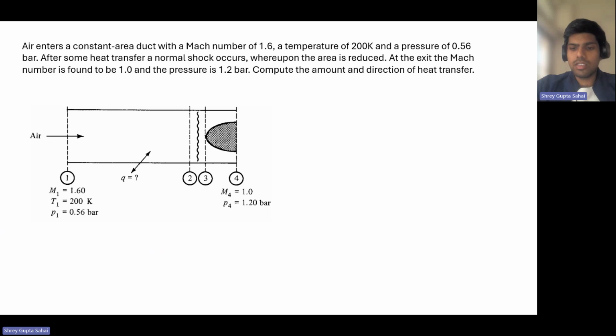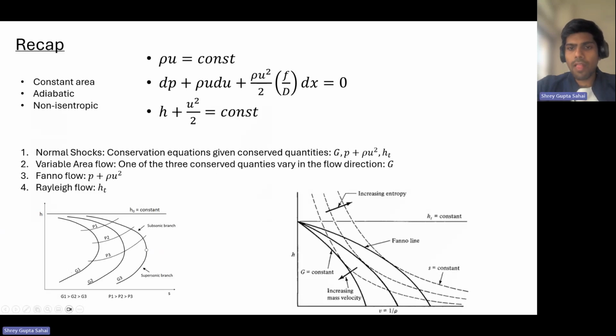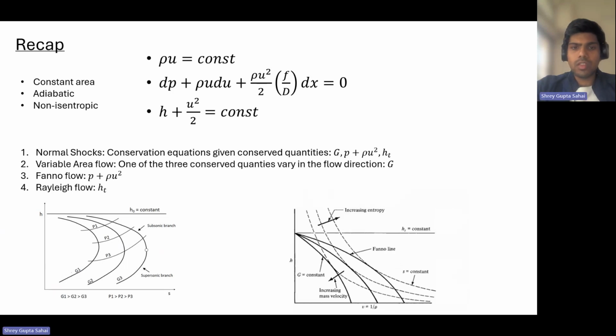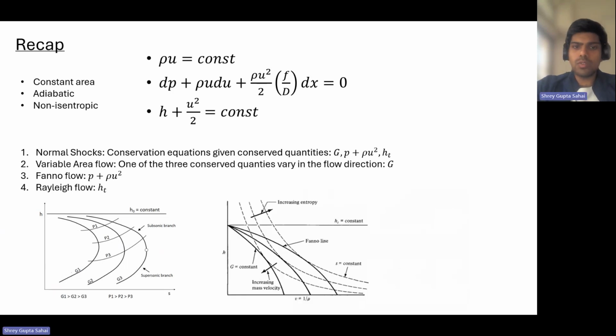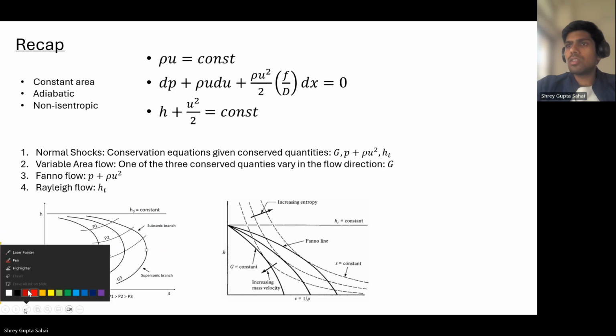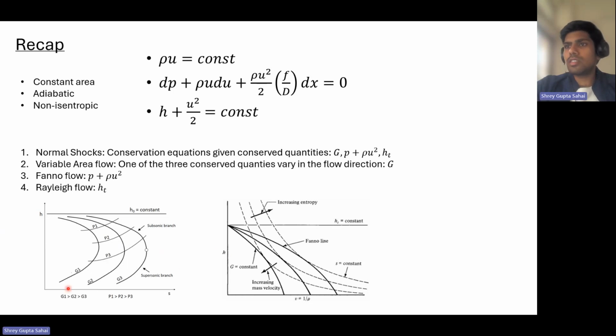Then we had discussed how this translates to this. We kind of saw that. We also generated a Fano curve towards the end. That was something that we did.